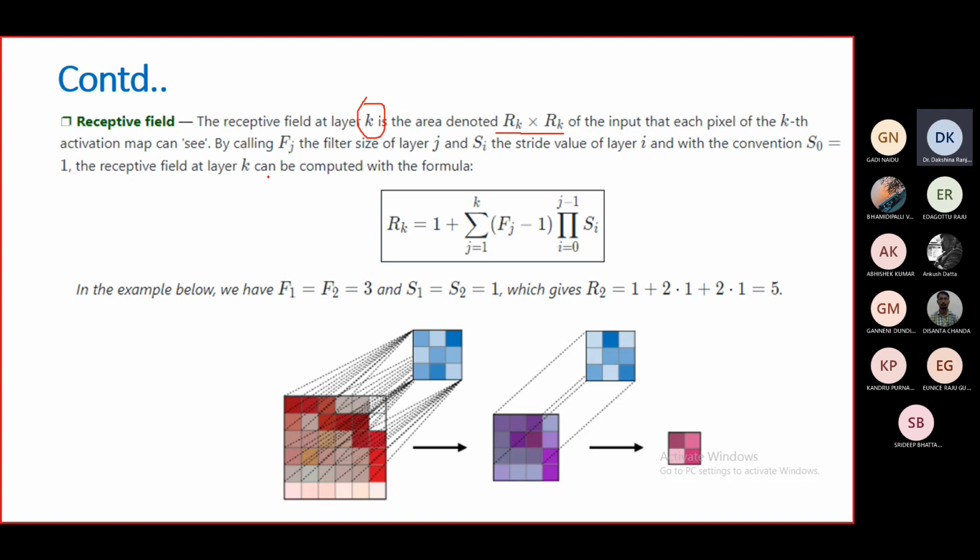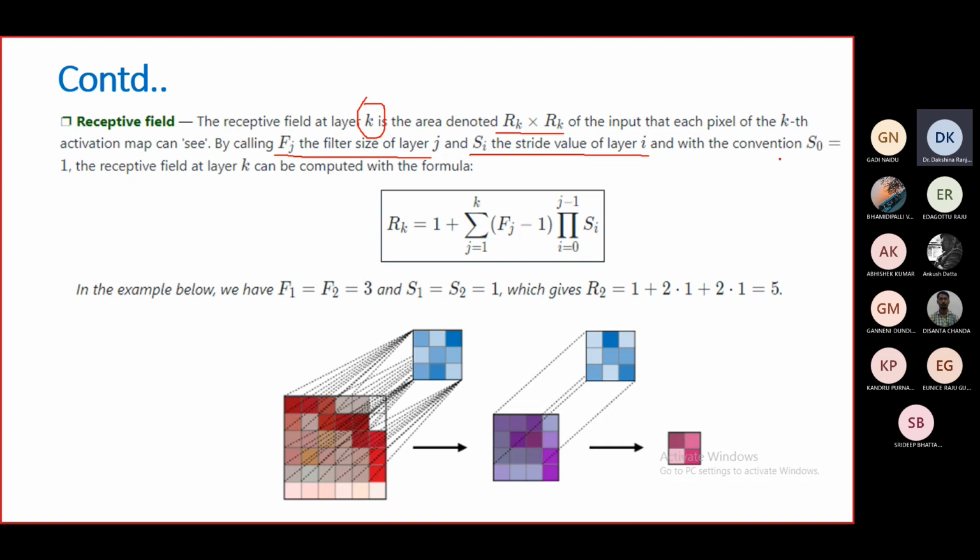So at the kth layer we can denote the receptive field as Rk into Rk, and here Fj is the filter size of layer j. So at the jth layer we get the filter dimension Fj by Fj, and Si is the stride value of layer i.